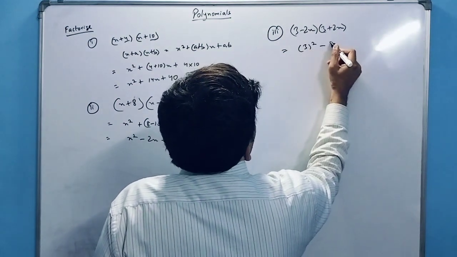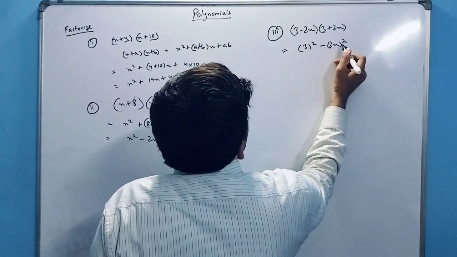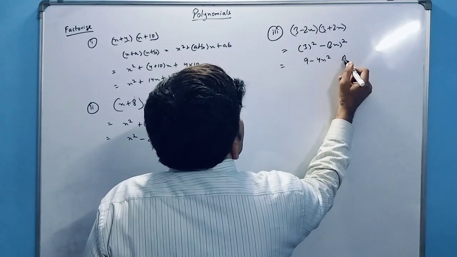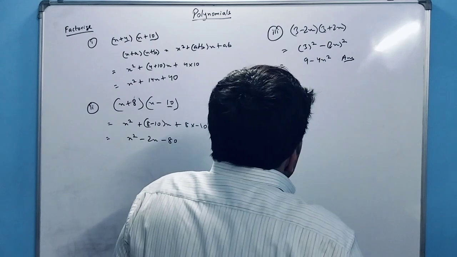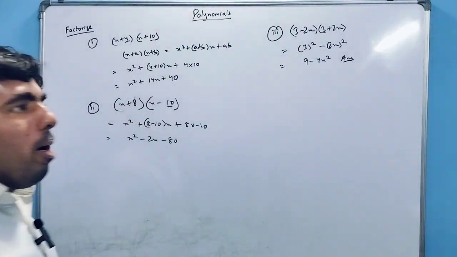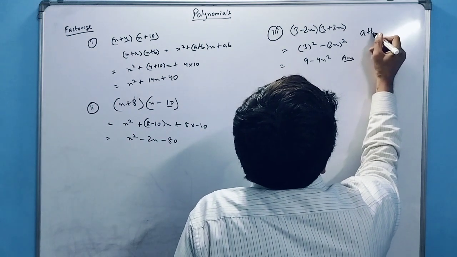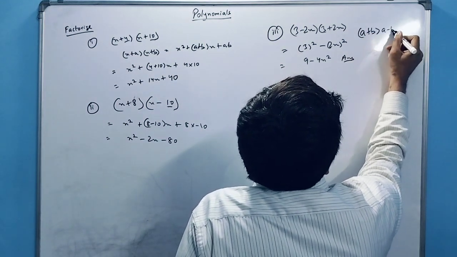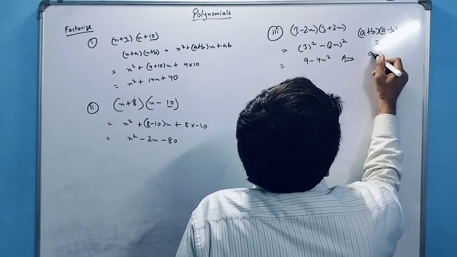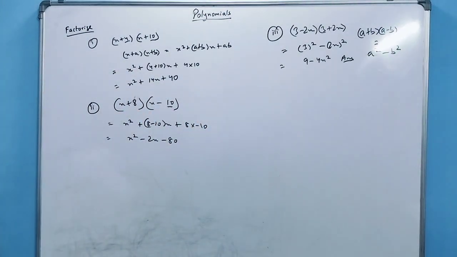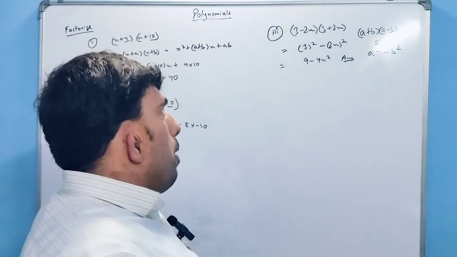So we get 9 minus 4x square. Very simple. I have just applied the identity (a + b)(a - b), which we say is a square minus b square. Okay, so that is how we can apply.